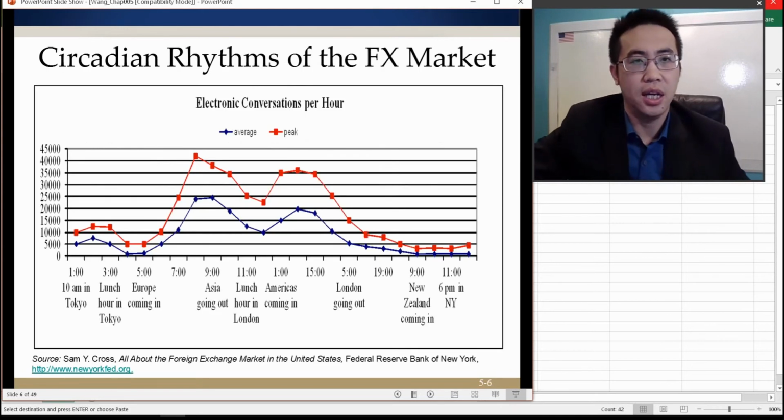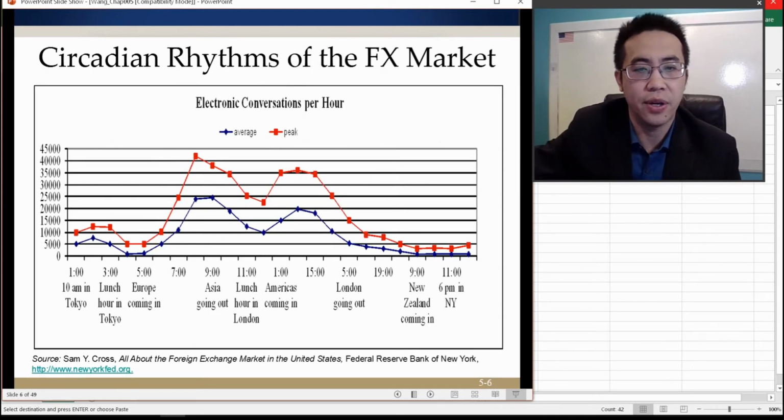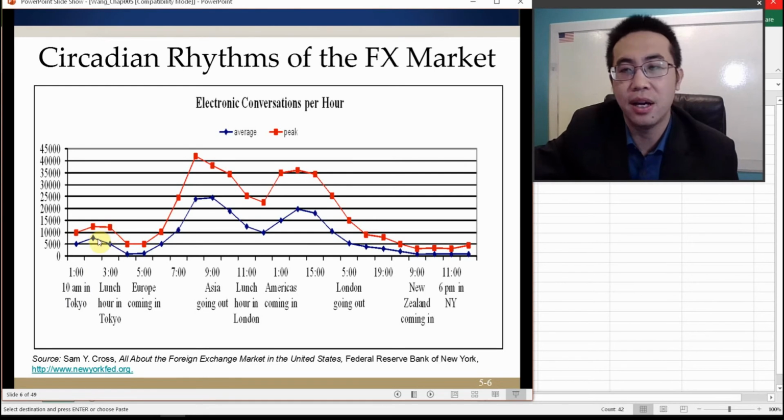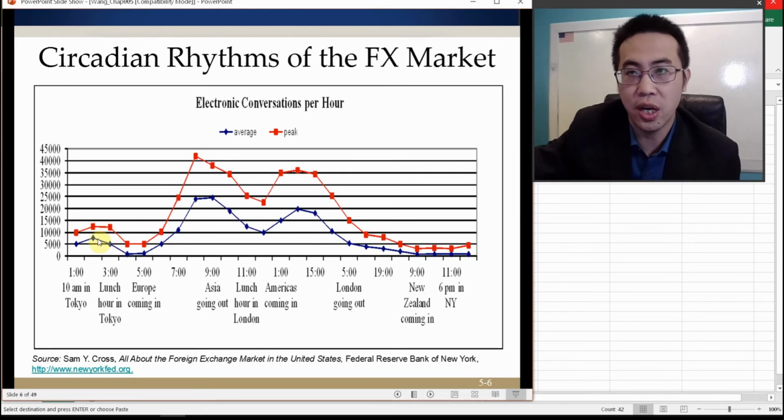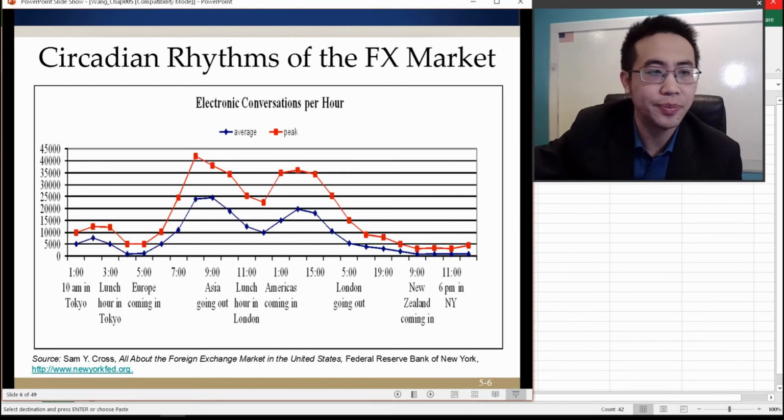Here is a chart from the Federal Reserve Bank of New York that tells us the daily trading pattern of foreign exchange. When Tokyo gets started, that's 1 o'clock Greenwich time, 10 a.m. in Tokyo in the morning. The Asians are the only players at this time because when the Japanese are trading, Americans are sleeping.